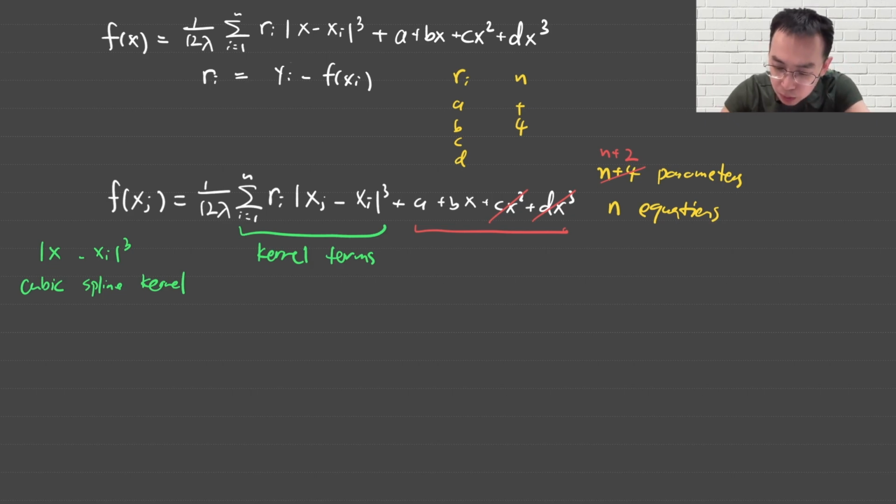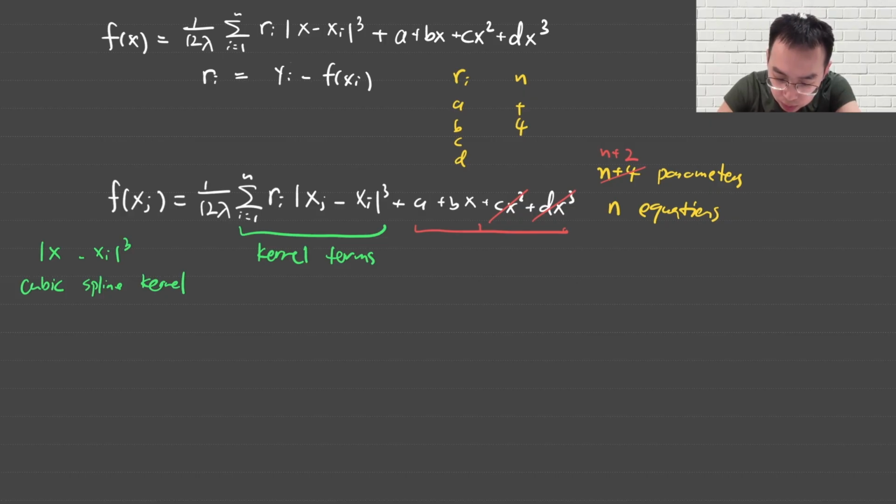Okay, so the other thing that we can do is to add constraints to this problem. The intuition is that we want this a plus bx term here to capture the linear part of this smoothing spline solution. So what we'd like to do here is add 2 more conditions to the r as this.